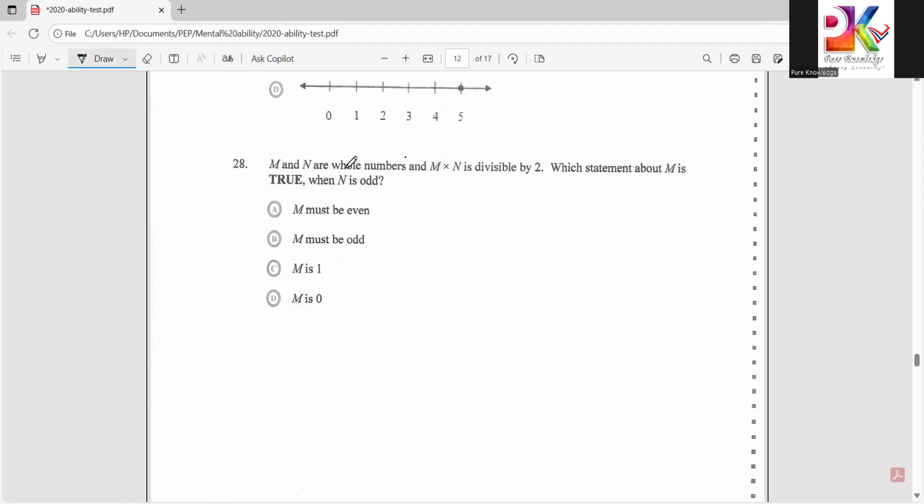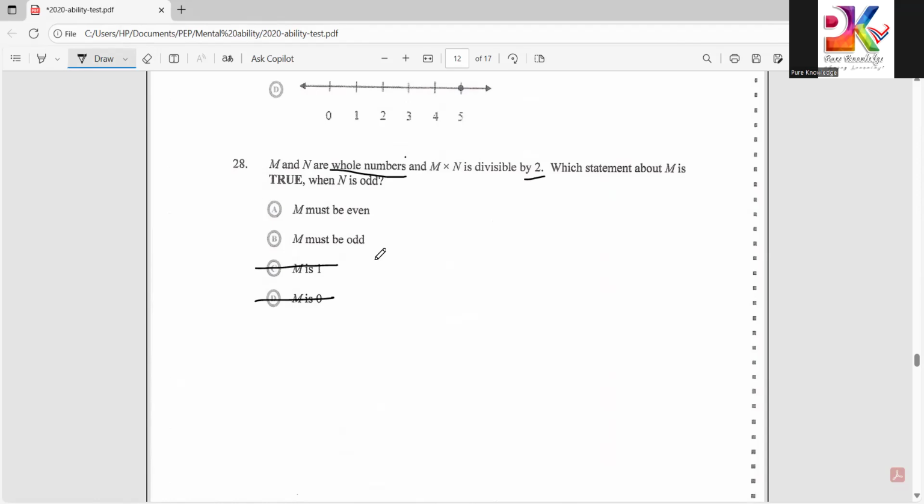And M times N is divisible by 2. So whatever the product of M and N is, it must be divided by 2, leaving no remainders. So which of the statements about M is true? Now, definitely this is out of it, this is out of it. So it must be between M is even or M is odd.